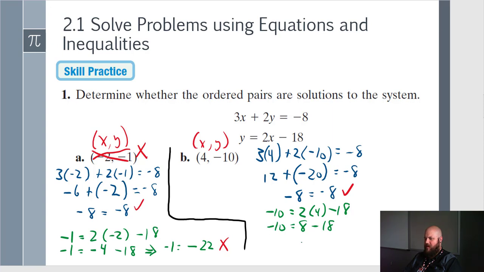So we know we're going to have a negative value overall for that, all right? I'll go ahead and write down this -10 over here on the side, so that's not going anywhere. So we have +8 minus 18. So we're $18 in the hole. We get $8, but we're still $10 in the hole. So we're still -10. So therefore, this one works out. So for this data point, it is good for both equations.